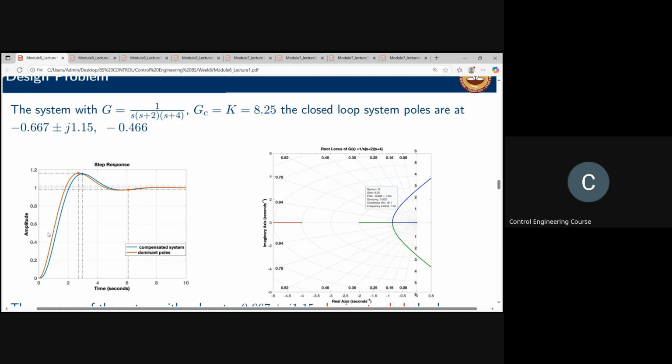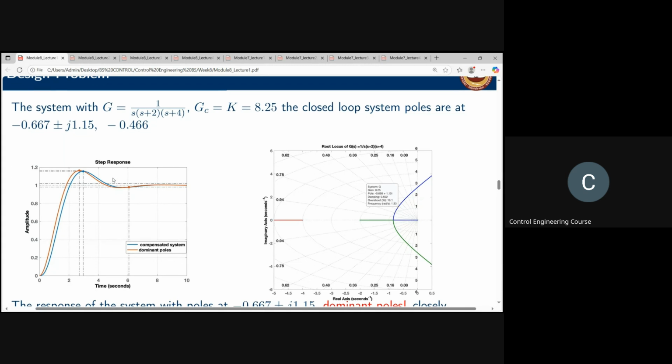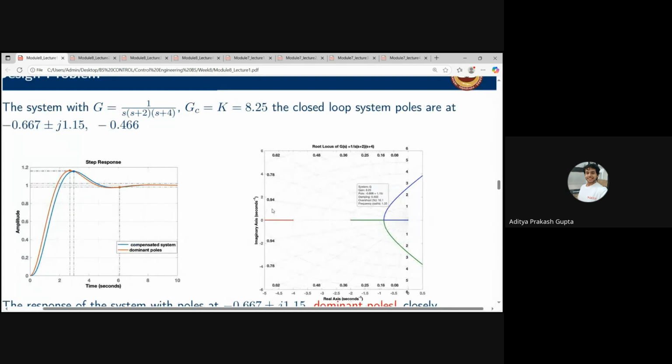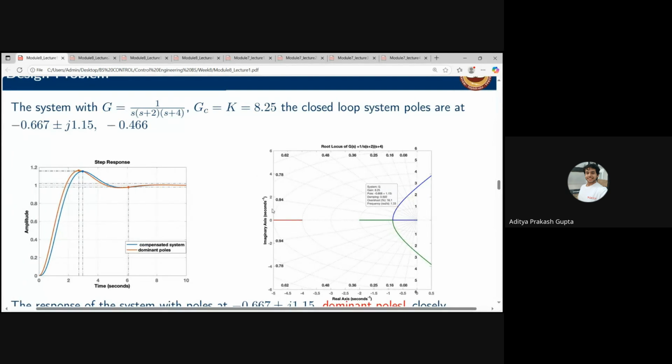The blue part is plotting the actual time response, taking into account the other pole that has been ignored because of the dominance of the dominant poles. Do you understand what the plot means? Yes, sir. It is showing us the peak overshoot and the settling time.